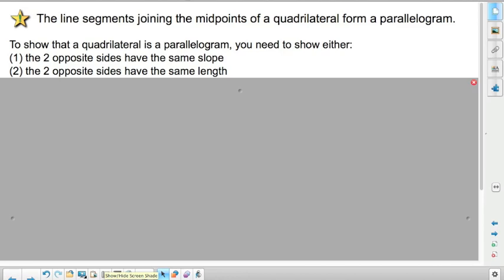So the second thing is, once you're given a parallelogram, or you're asked to demonstrate that a quadrilateral is a parallelogram, you just need to do one of two things. You've got to do the slopes: opposite sides have the same slopes. So you need 4 slope calculations.